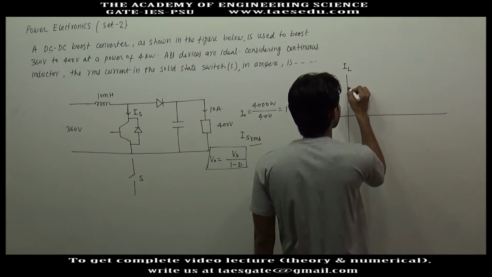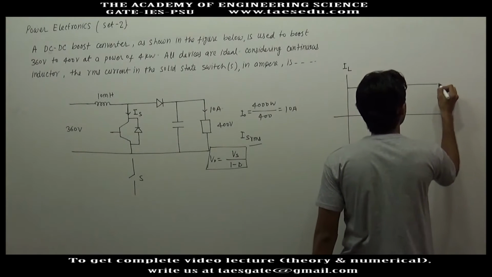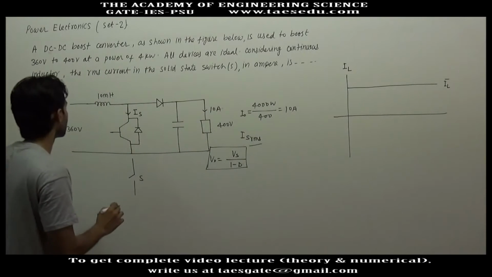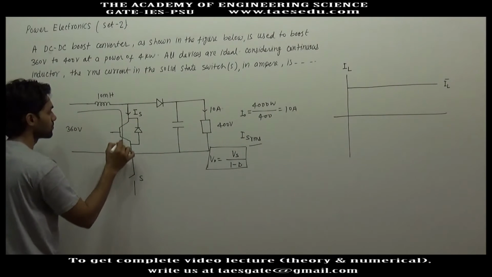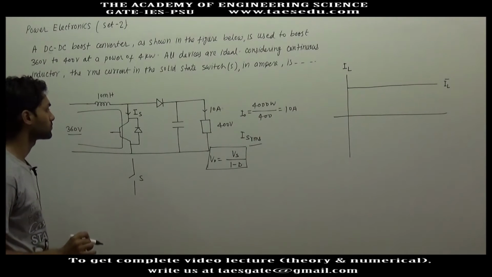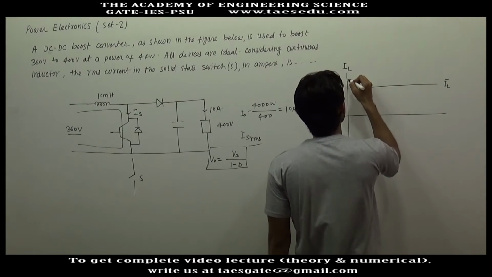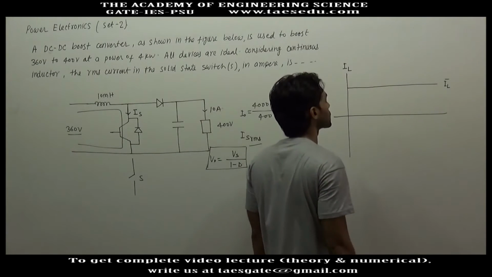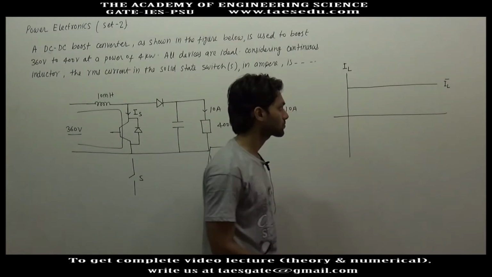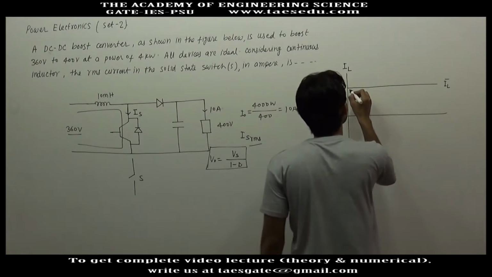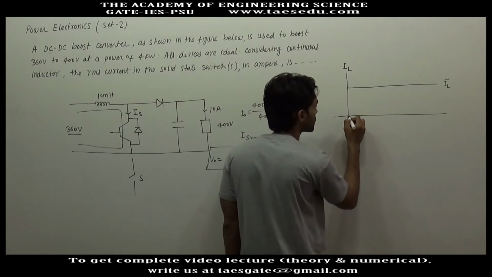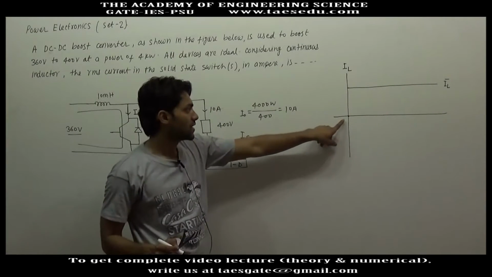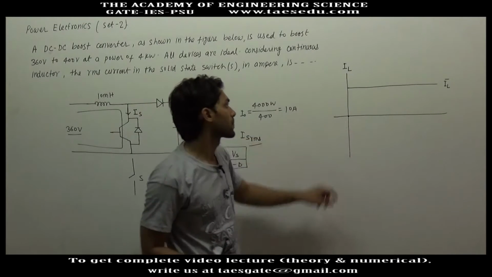Let's say this line represents the average value of inductor current. When this switch is connected, the inductor current will grow according to 360 volt. Let's say at this point the switch is connected. So from this point, inductor current will start growing.